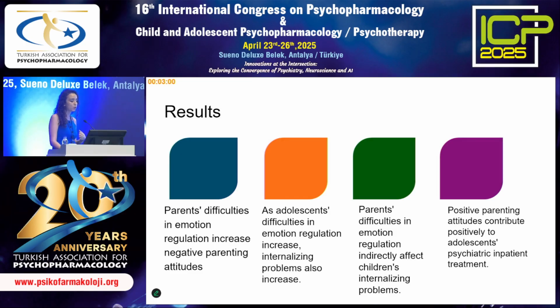When we look at the results, the parents' difficulties in emotional regulation increase negative parenting attitudes, and as adolescents' difficulties in emotional regulation increase, internalizing problems also increase. Parents' difficulties in emotional regulation indirectly affect children's internalizing problems.